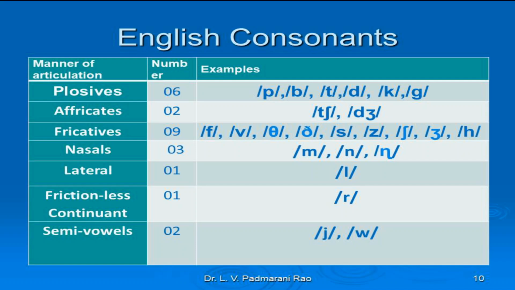And 2 semivowels in English, y and w, thereby making the total number 24 according to the manner of articulation.